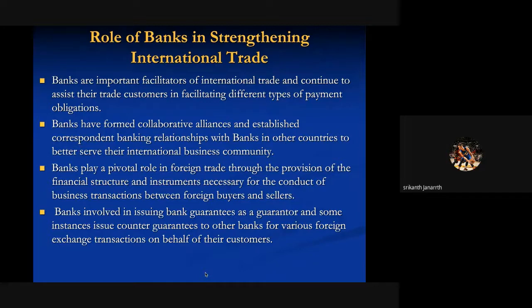There are situations in which the banks are facilitating this trade purely because they have a long-standing relationship, some of the bigger banks. That is why we are still in a position to continue the trade, though we are in a bit of a difficult position economically.